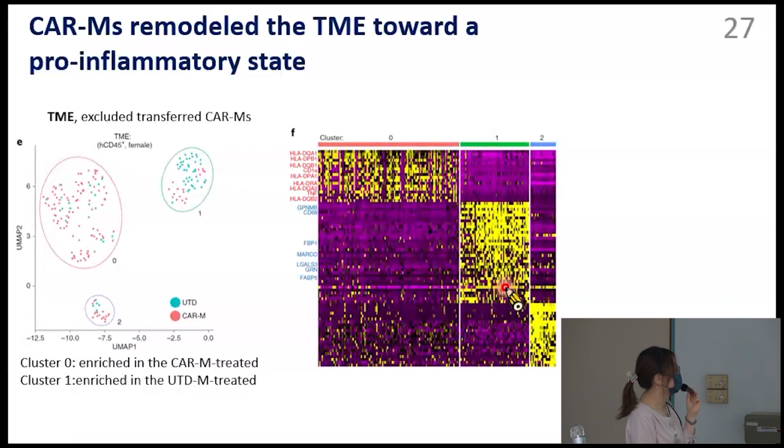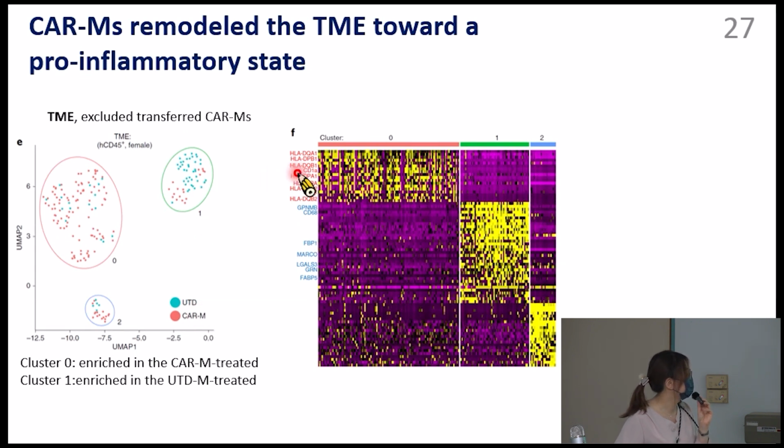And they also clustered the tumor microenvironment, excluding the transferred CAR macrophage. You can see cluster 0 is for the CAR macrophage tumor microenvironment, and cluster 1 is for the control macrophage environment.